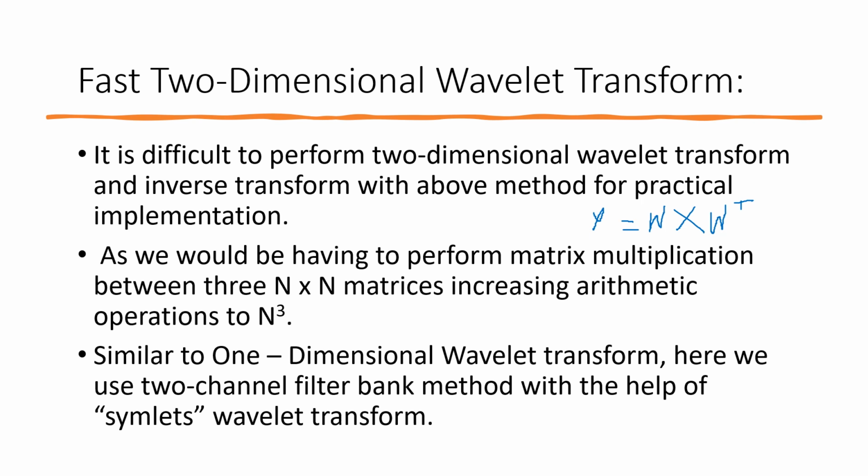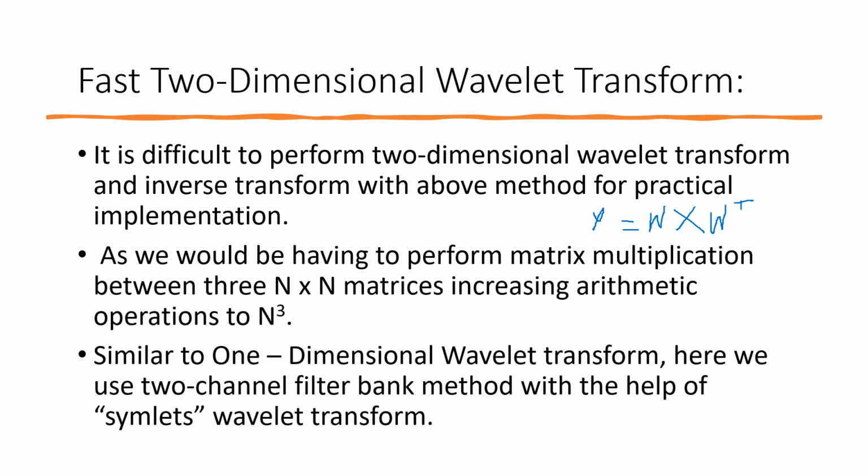So we have already seen the two-dimensional wavelet transform and two-dimensional inverse wavelet transform, using the analysis matrix and synthesis matrix. But these two methods are impractical because to find the output y, every time we have to multiply w into x into w transpose, and each one of these is an n by n matrix.